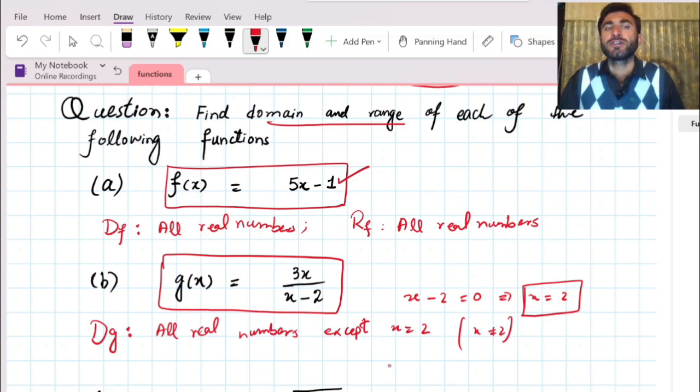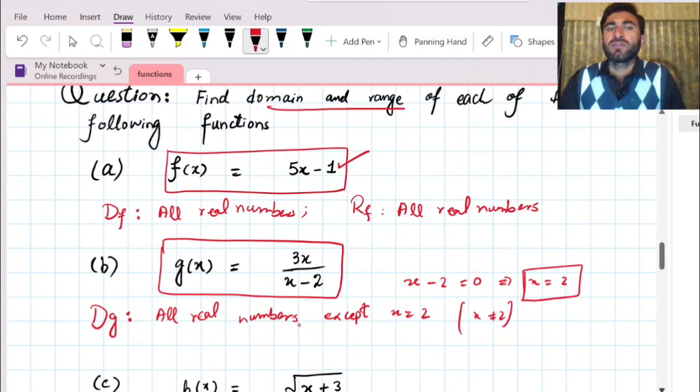That is its domain. Now coming to the range of the function, in the case of a fraction, the range only excludes the value which is the ratio of the coefficients of the numerator and the denominator. We can see that the numerator is 3 while the denominator, the coefficient of x, is 1. So 3 cannot be part of the range of the function.